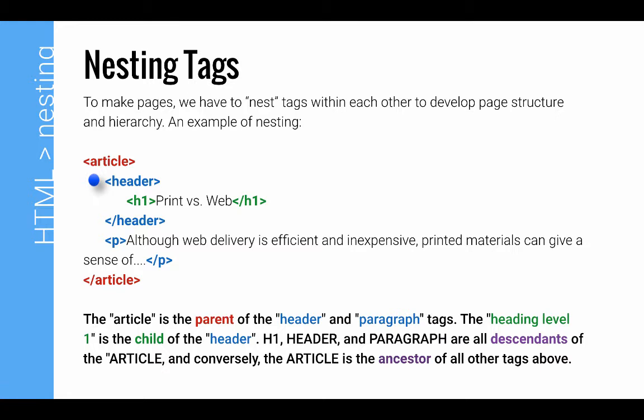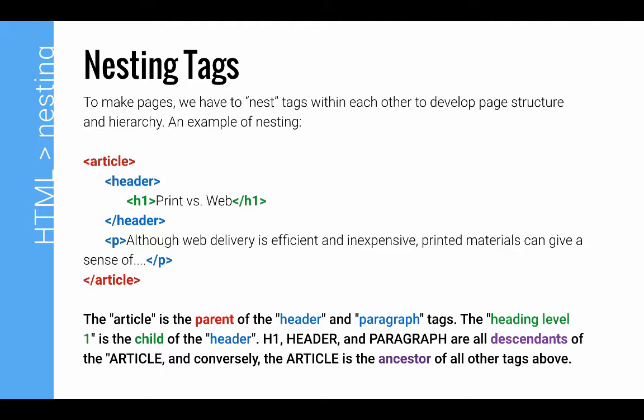And those two children and descendants are header and paragraph. Now technically the article has three descendants, because a descendant can be a child, a grandchild, a great-grandchild, whatever, right? So technically we have three descendants, because there is an H1 inside the article, there's a header inside the article, and there's a paragraph inside the article. But if you wanted to talk about direct children relationship, we only have two children inside the article.